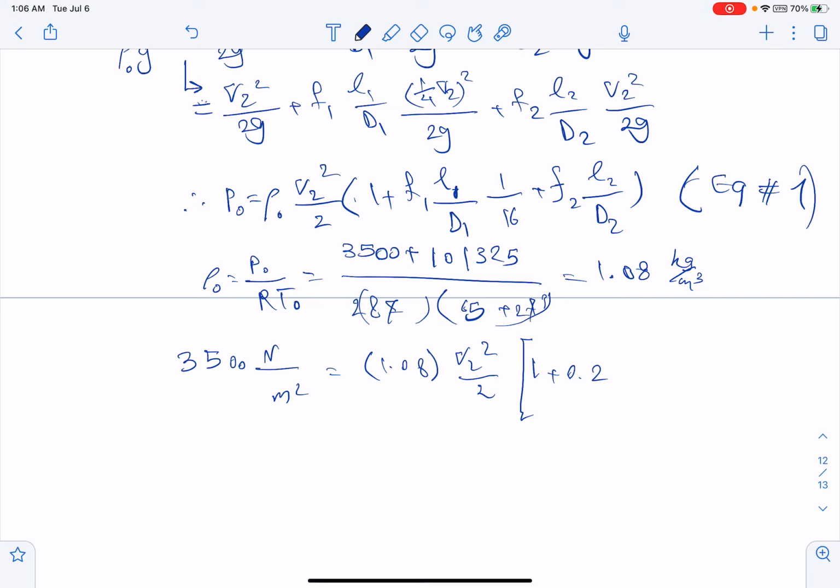These are all the values that I have for this question, including the lengths of 6 meters and the diameter ratio.